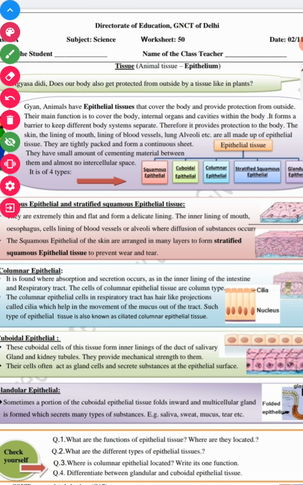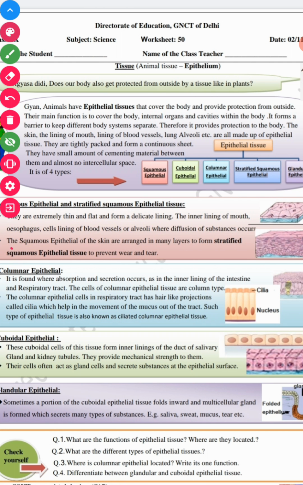First, we will study the squamous epithelium and stratified squamous epithelium tissue. They are extremely thin and flat and form a delicate lining. The inner lining of the mouth, esophagus, cell lining of blood vessels or alveoli, where diffusion of substances occurs, are all made up of squamous epithelium.